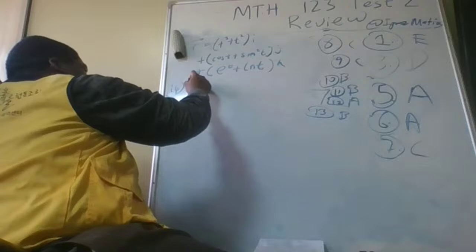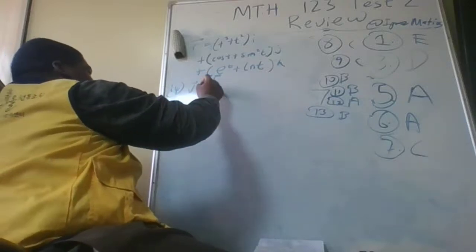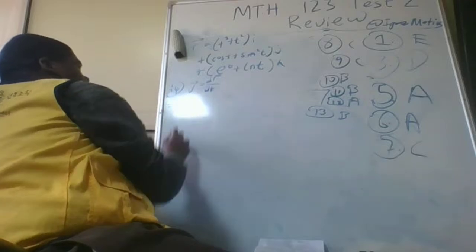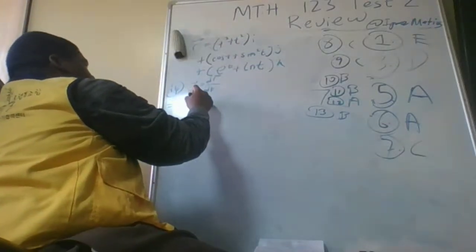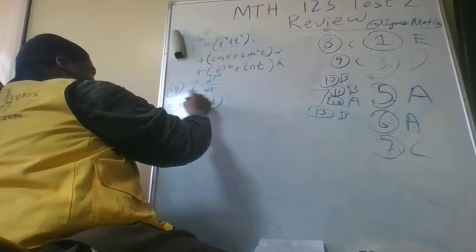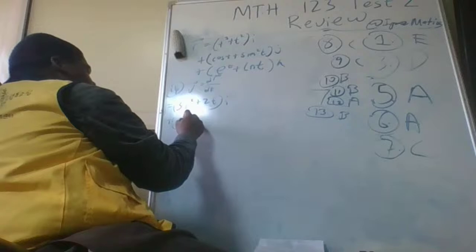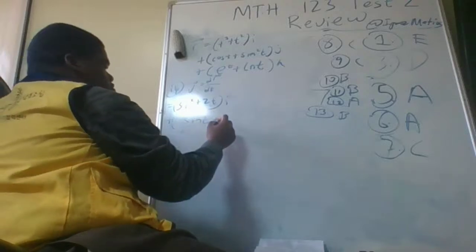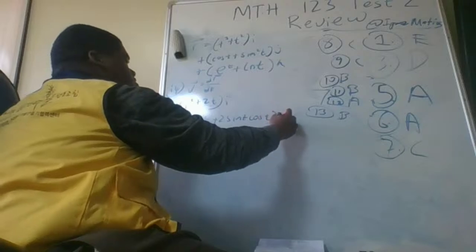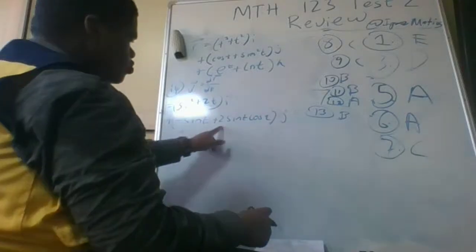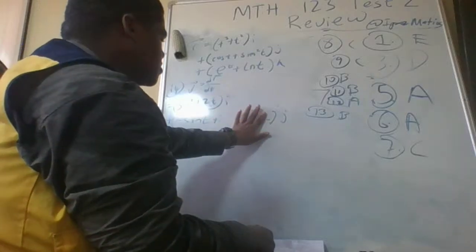Remember, our velocity is equal to the derivative of our position vector with respect to time. So this is equal to the derivative of the i component, which is 3t squared plus 2t i, plus the derivative of our j component, which will be minus sine t plus 2 sine t cos t j. 2 times sine t cos t is simply sine 2t.